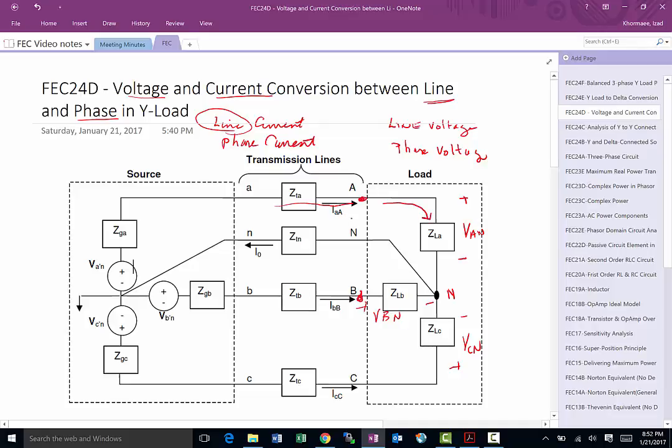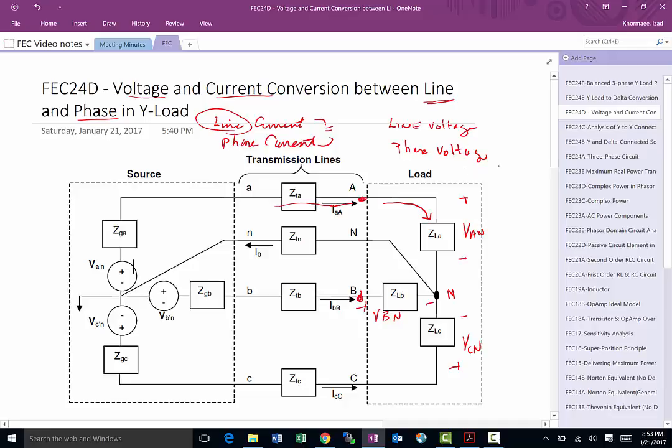As you can see, in the case of a Y-connected load, these two are equal to each other. So line current and phase current in a Y-connected load are the same. But the voltages are not the same.